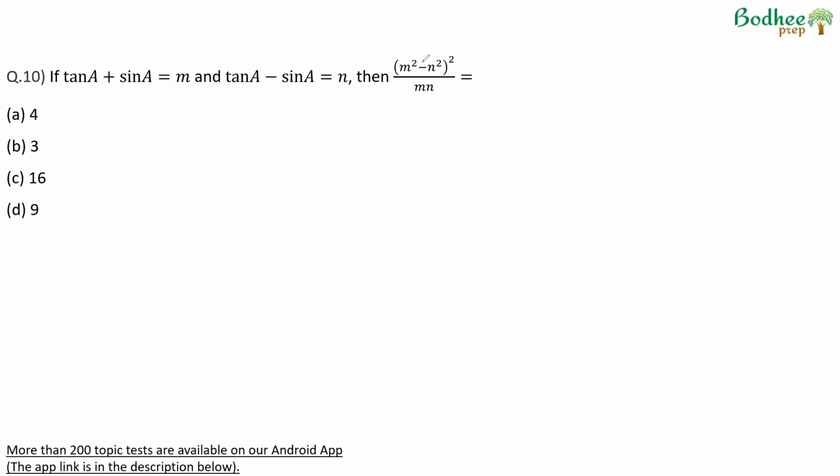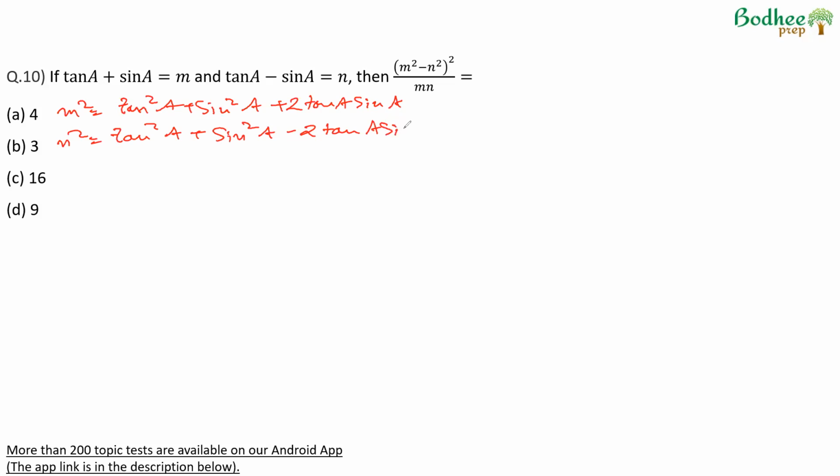We have to find out the value of M square minus N square whole square upon MN. Now M square will be tan square A plus sin square A plus 2 tan A sin A. N square will be tan square A plus sin square A minus 2 tan A sin A. And therefore M square minus N square will be plus minus cancel, plus minus cancel, plus plus.